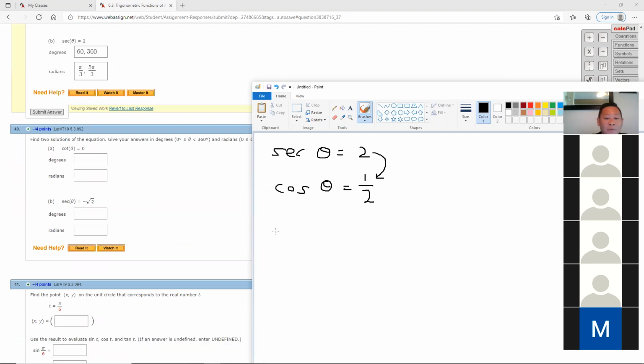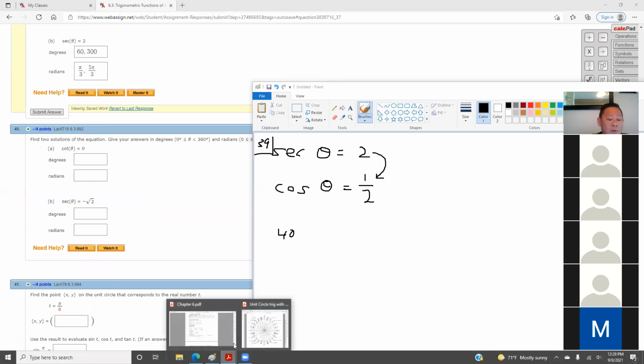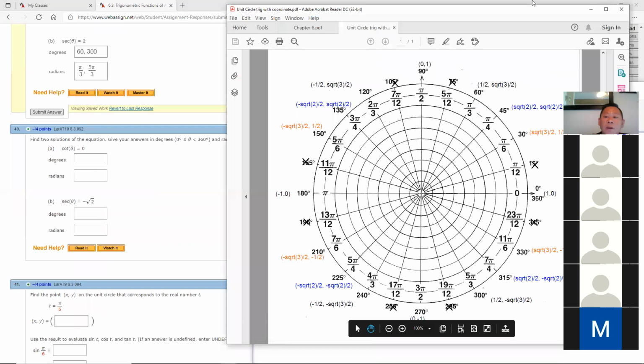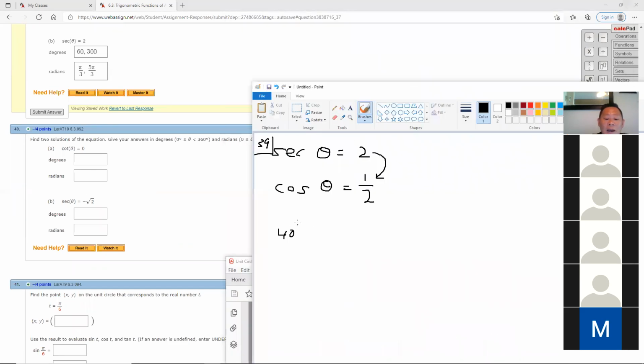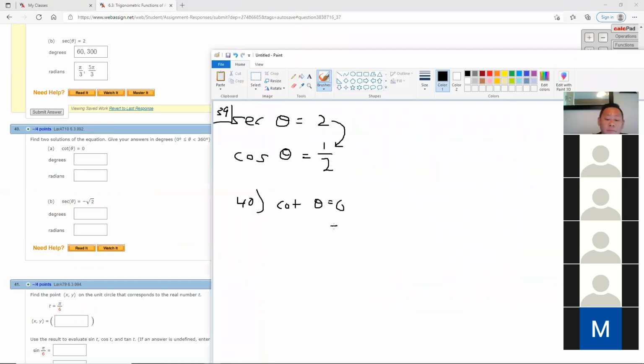You guys try it, number 40. So cotangent theta equals to 0. Can someone tell me what is the reciprocal of cotangent theta? It's going to be tangent, right?